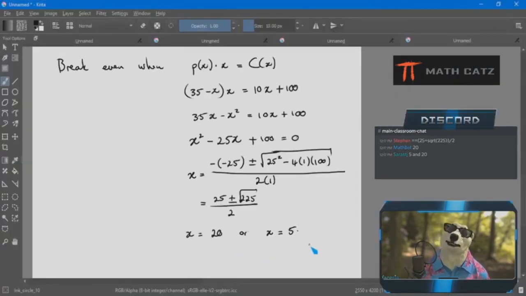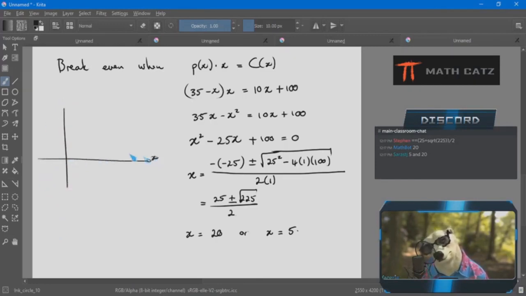So they're actually both valid. Strangely enough, sometimes it's hard to get an intuition for these things if you never really work with them, that both amounts will give me a 0 profit. It's because there's my X and there's my profit, and of course there's a 0 profit.